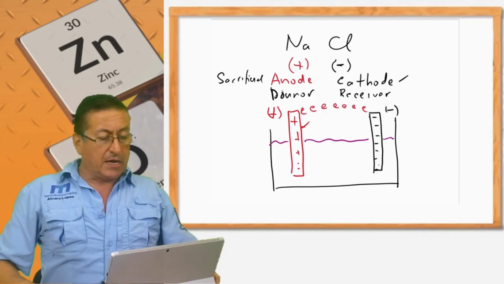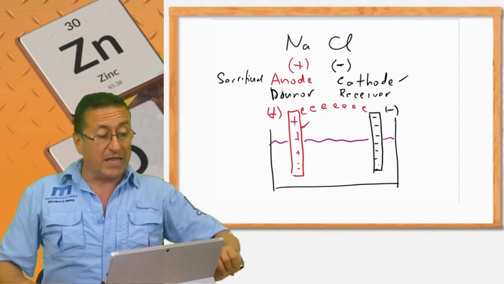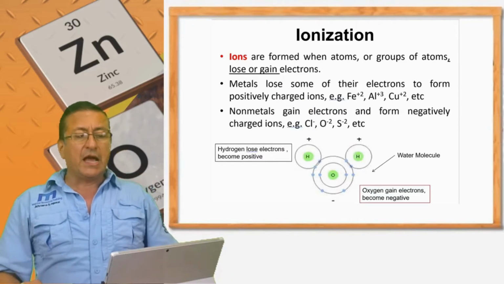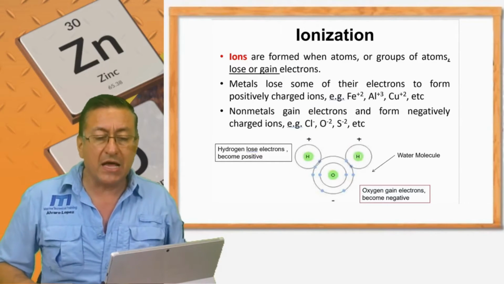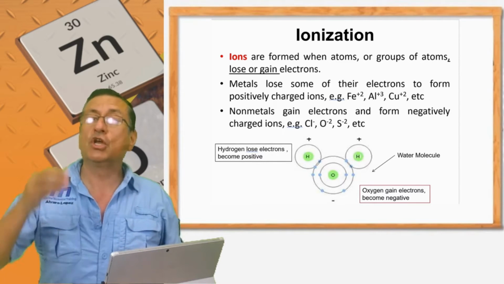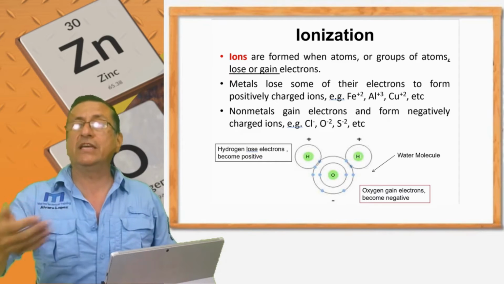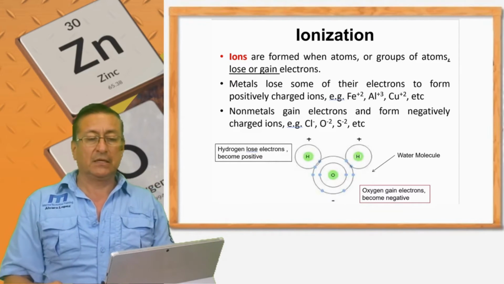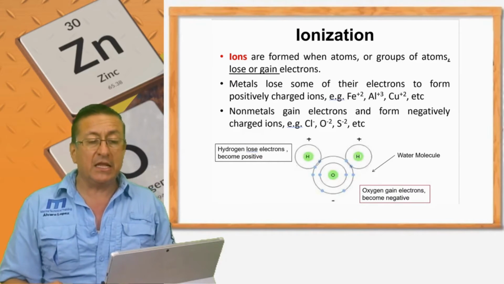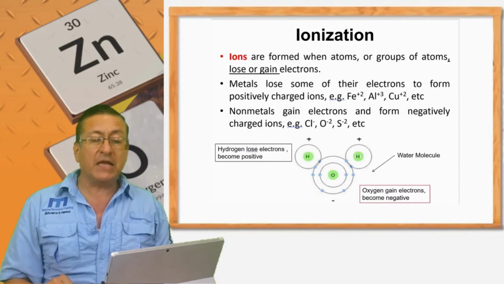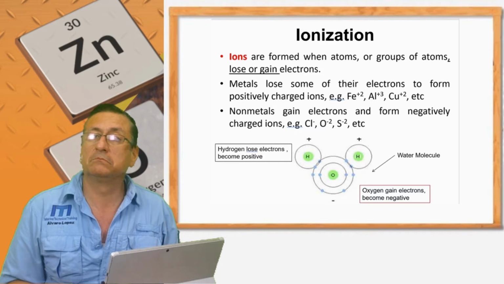Okay, my friends, and this is the concept of the ions, the ionization. We are going to refresh quickly. Ions are formed when atoms or groups of atoms lose or gain electrons, lose or gain charge. Normally, the metals lose electrons when they are combined with oxygen.